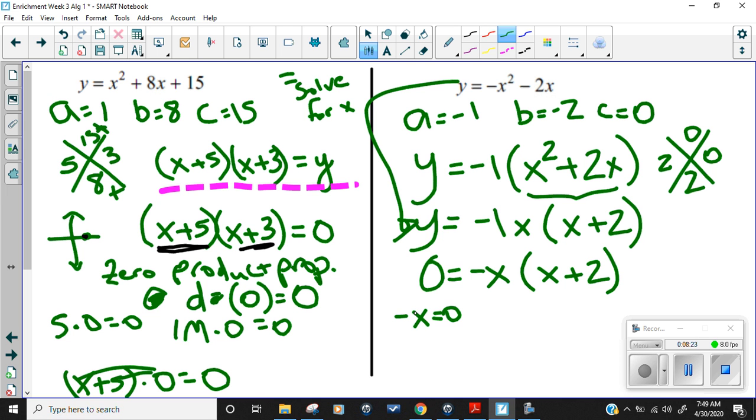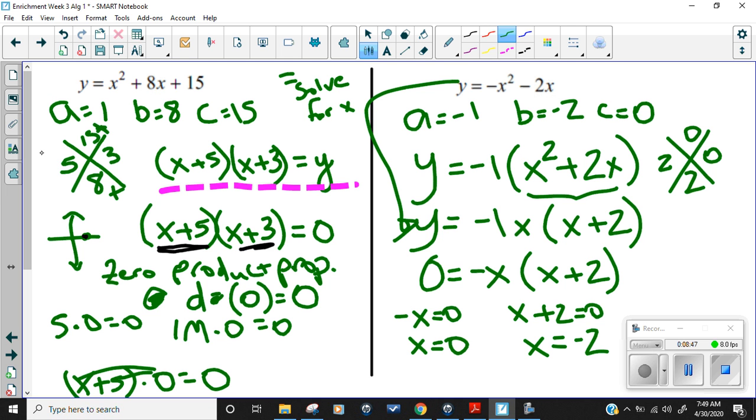Well, 0 doesn't really have a negative when you divide by negative 1. So x equals 0. Whenever you have an x on the outside of the parentheses, one of your answers is going to be 0. And the other one is x plus 2 equals 0. So what cancels with positive 2? Or you could subtract 2 from both sides, negative 2.